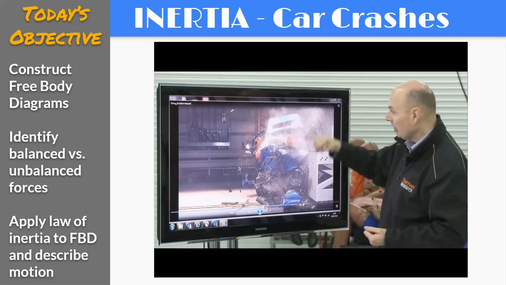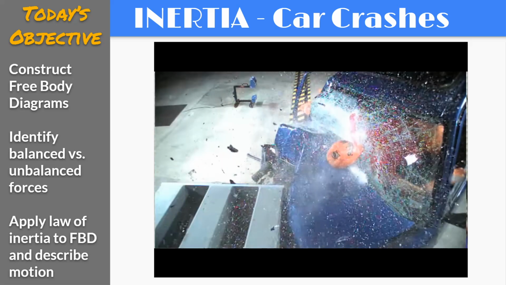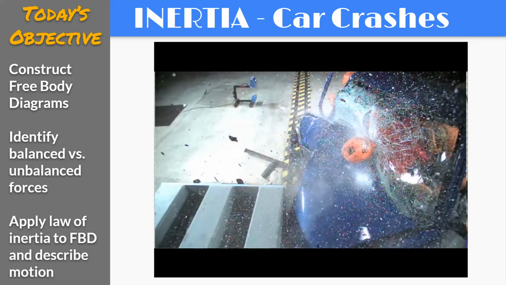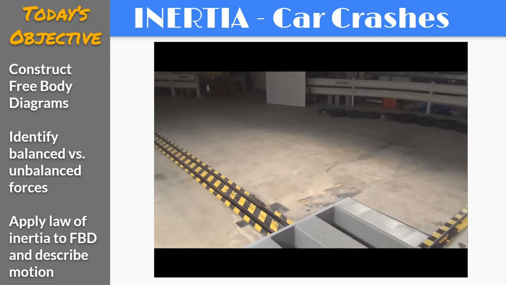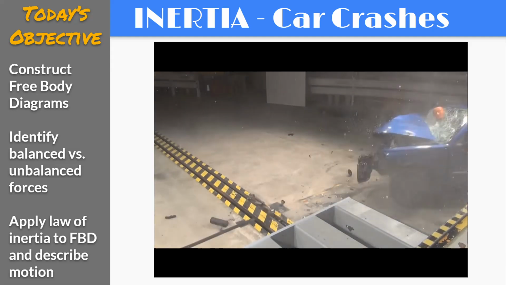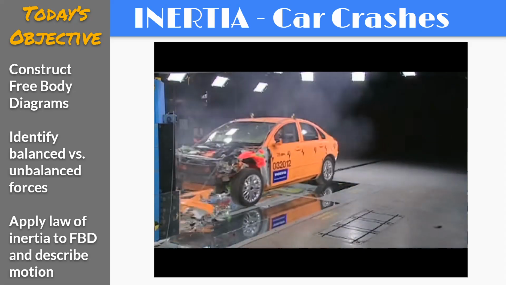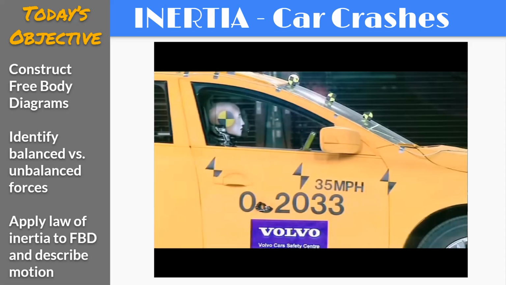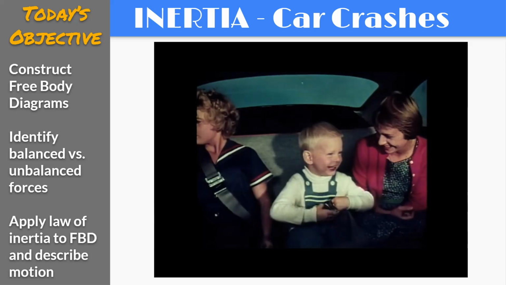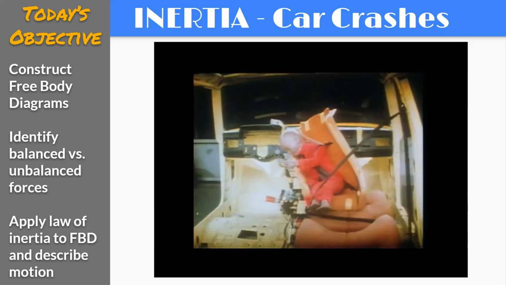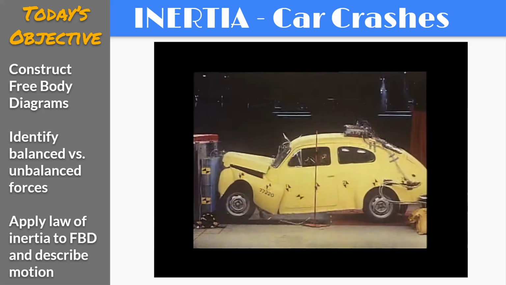The poor passenger, even though he was in the back of the car, protected by the front seat, because he's not restrained, he goes through the front seat and he's gone through the windshield, and you can see his head still sticking out there. Of course, in real life, you get a lot less time to regret not putting on your seatbelt. Newton's first law gives us the idea that in a car crash, things keep going until something stops them. First used in the 1950s, seatbelts provide an external force that counteracts the passenger's inertia, bringing them to a halt in a more controlled way.